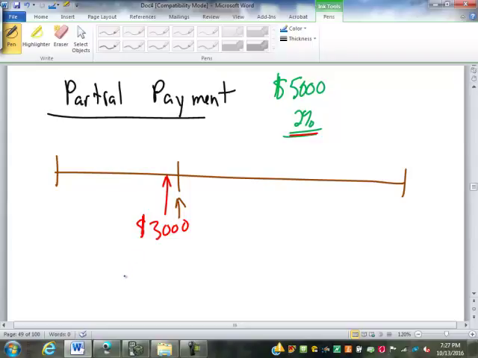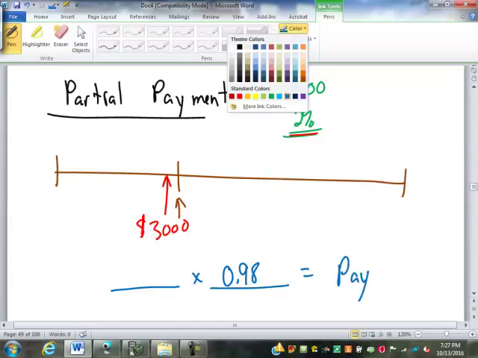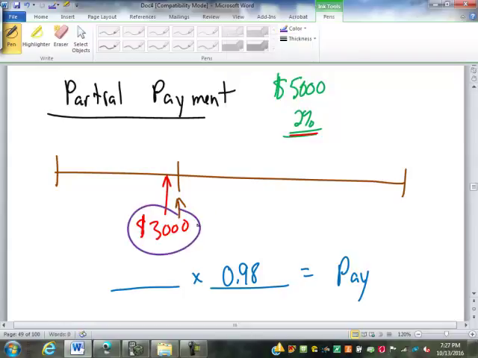Remember, we said the invoice times 0.98, 1 minus the discount, equals the amount we have to pay. So in this case, the $3,000 is the amount we're going to pay, not the amount of the invoice.